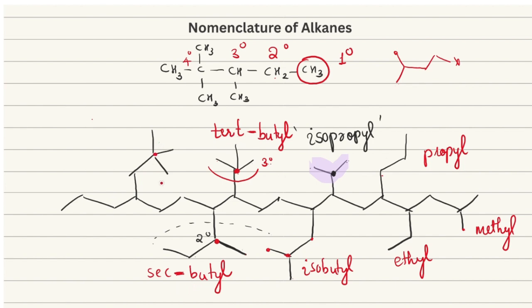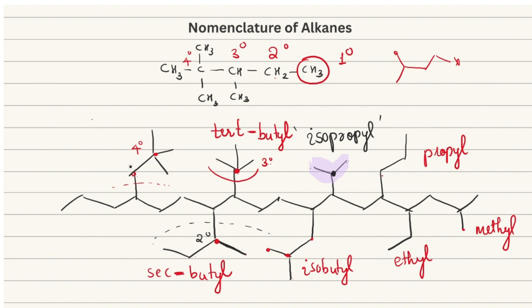Now, let's take this one. Don't think that this is just a butyl. From the longest chain, you have to take it from here onwards, 1, 2, 3, 4, 5. 5 of them are there, and you see there is a quaternary carbon. Why am I taking it as a quaternary carbon? Because when you check till here, it is attached to 4 carbons.